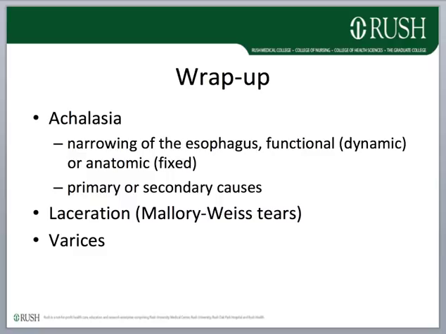Rarely they can be anatomic and fixed. There's primary and secondary causes. I talked about laceration or Mallory-Weiss tears, varices, which are the consequence of some kind of portal hypertension, and which are important for a cause of massive gastroesophageal bleeding.